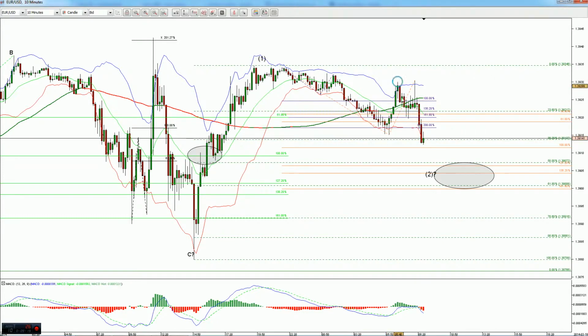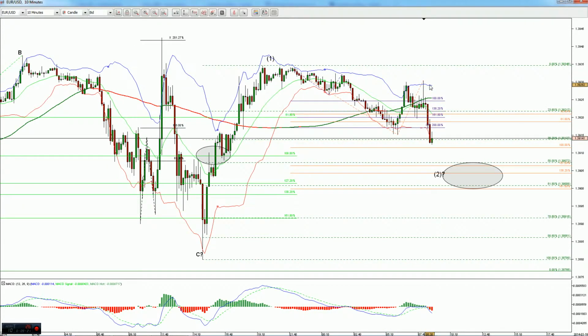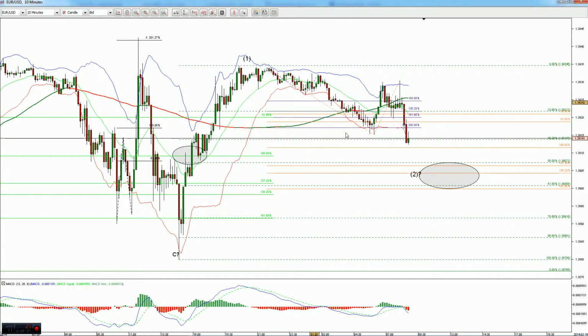This is most probably A, B, C, a second part. This is the third part of this correction, and this correction may end, typically for a second wave corrective structure, at 50, 61.80.